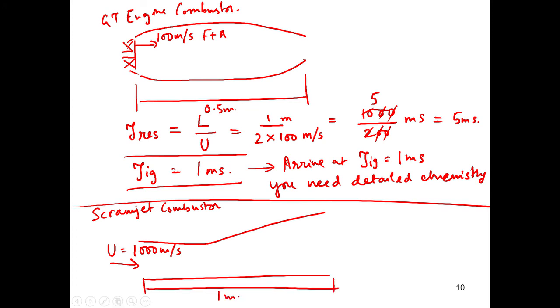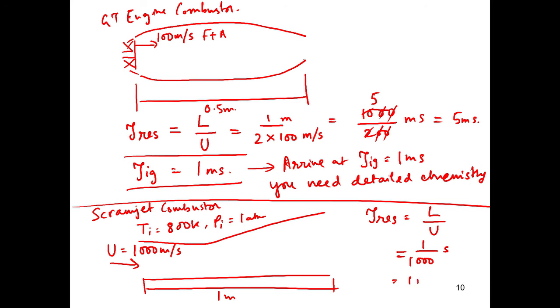Okay. Now, here your temperature is say about 800 Kelvin and your pressure is about 1 atmosphere or 0.5 atmosphere, something like that. So, once again we can estimate the residence time scale, which is nothing but the length divided by the average velocity, and that comes out to be 1 by 1000 seconds, which is equal to 1 millisecond.